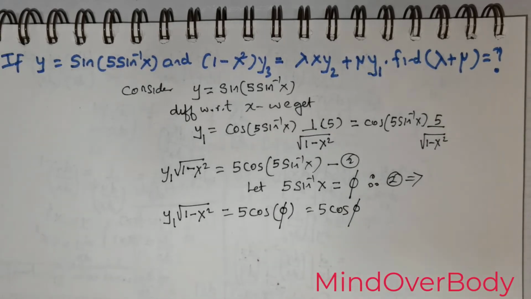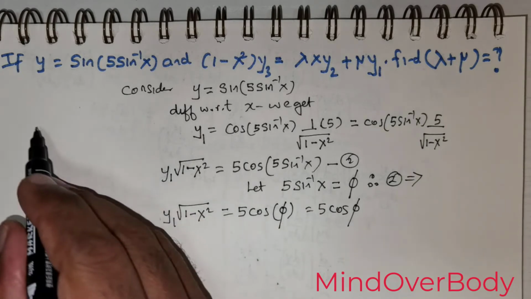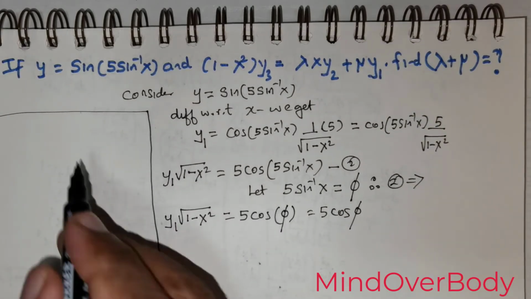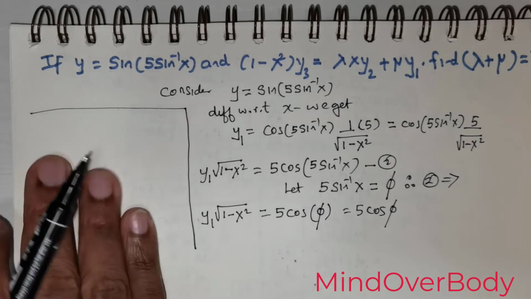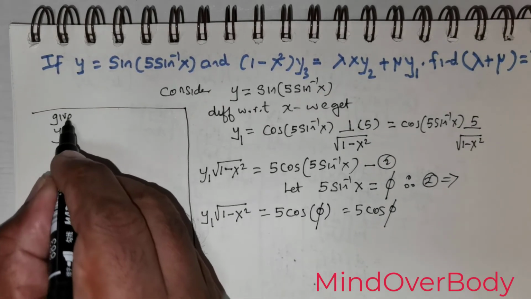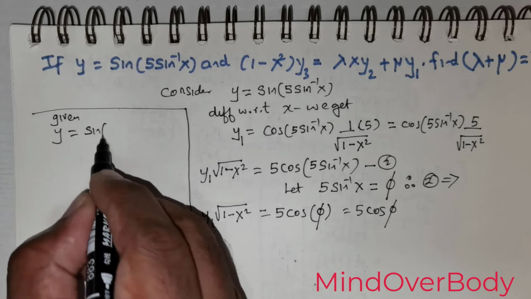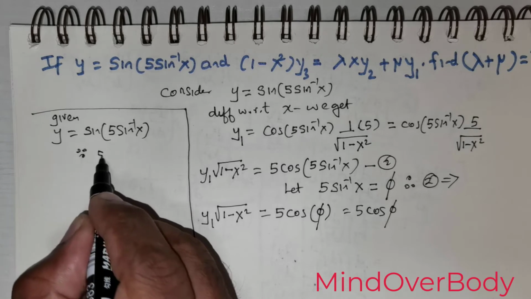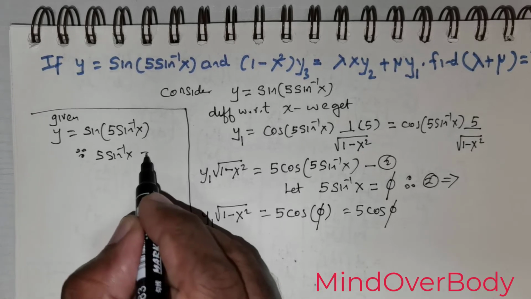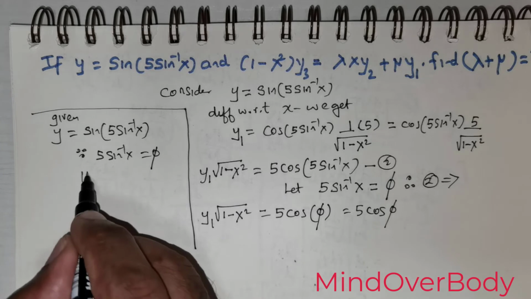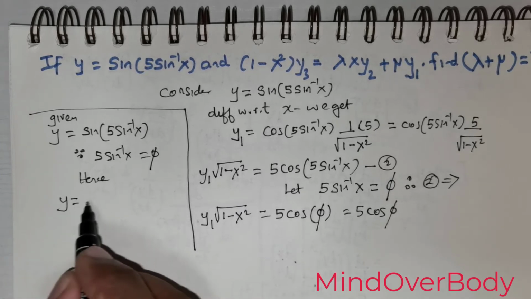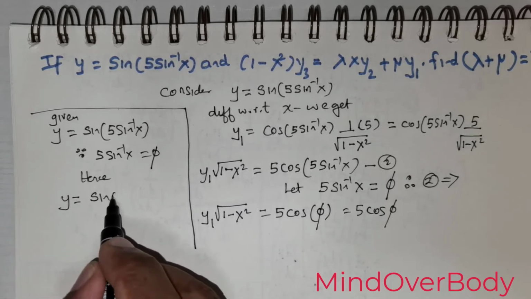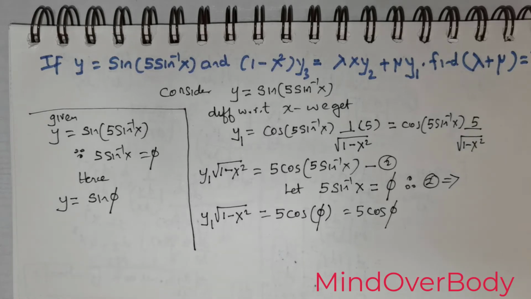That's fine. Since I've taken 5 sin⁻¹x equal to φ, look at the original equation. What is given? Given y equal to sin(5 sin⁻¹x). Now since 5 sin⁻¹x is equal to φ, I can rewrite y as sin φ.